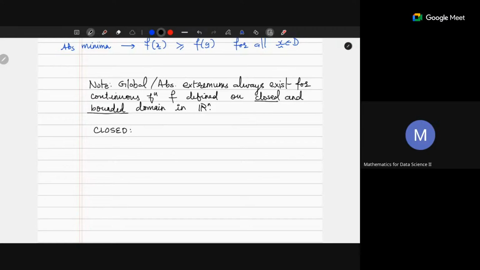Closed domain means a domain D is said to be closed if it contains all boundary points.